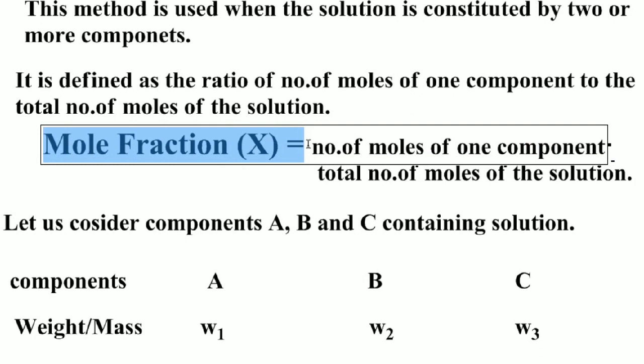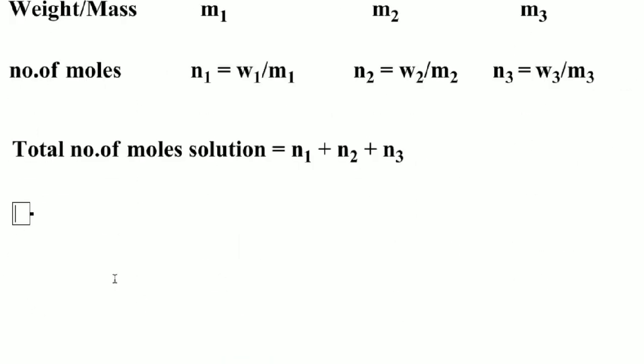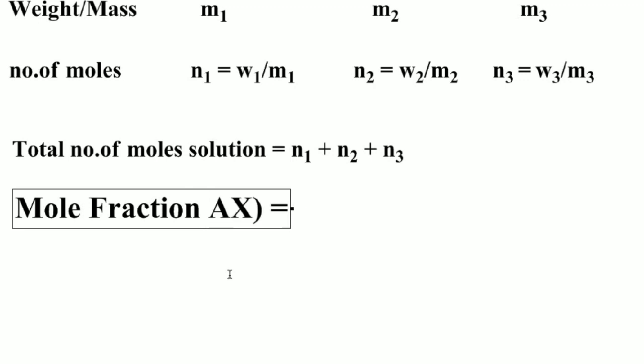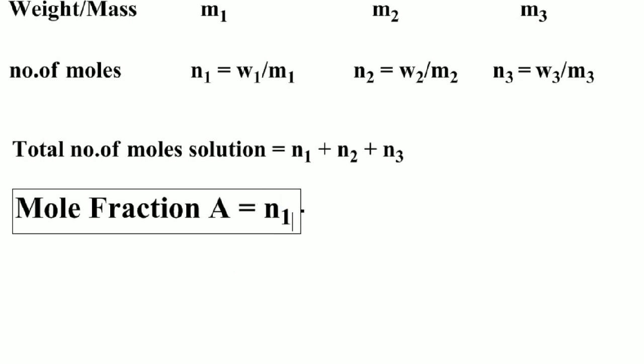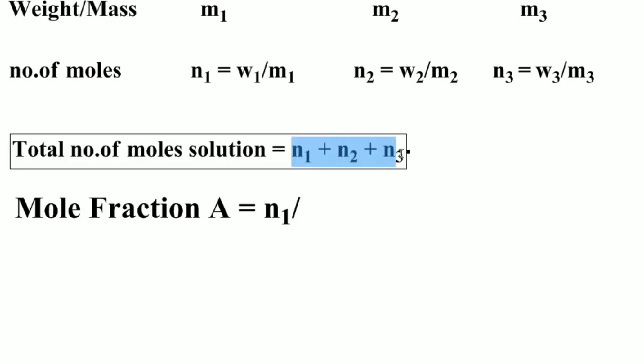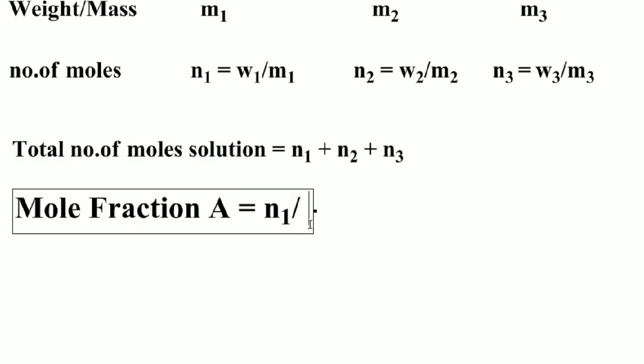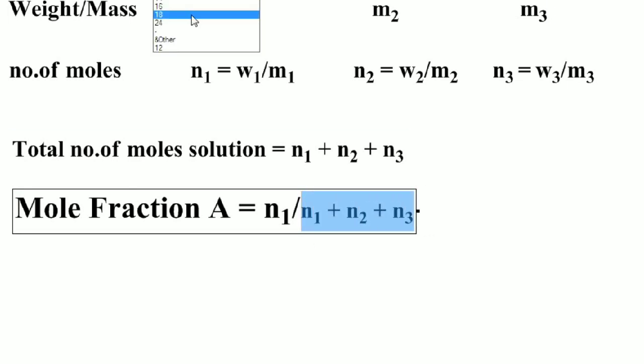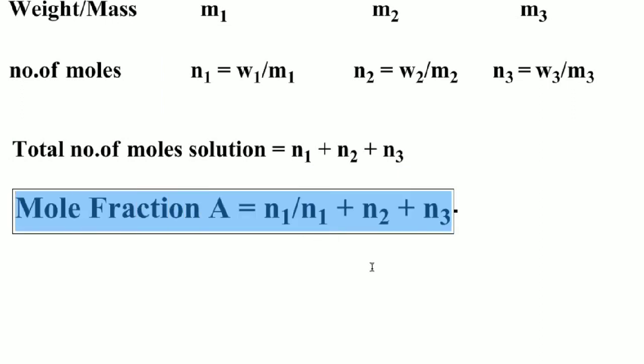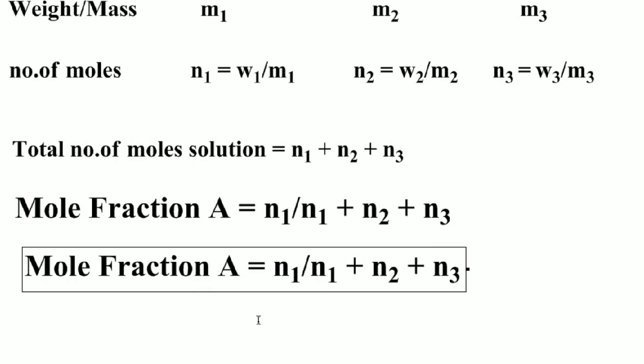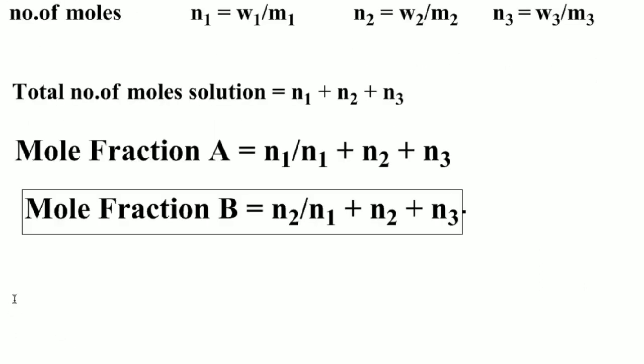Therefore mole fraction of component A becomes N1 by total number of moles, that equals N1 by N1 plus N2 plus N3. Similarly, the mole fraction of component B becomes N2 by N1 plus N2 plus N3.